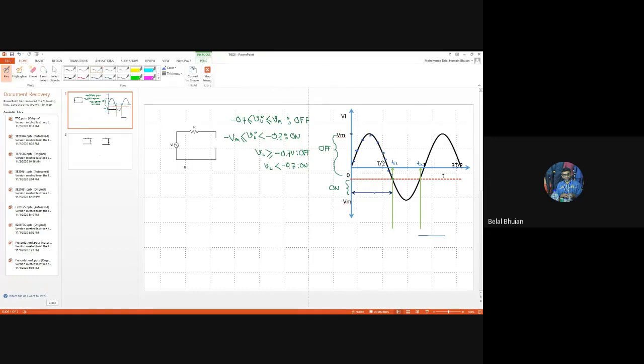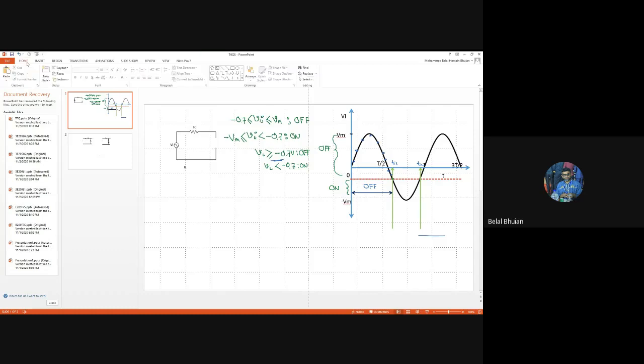You will find that all the values of the input signal are above the transition state voltage line. Now we already know if it is above the transition state voltage line, in that case it is off.